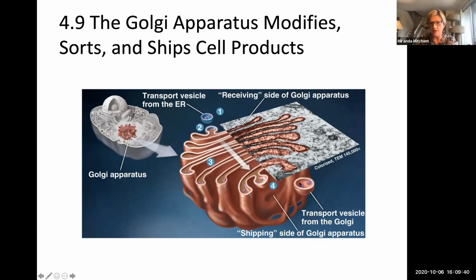But notice now the membrane comes from the Golgi. It's the same color as the Golgi. Next, this transport vesicle is going to go to the cellular membrane where it can release the materials.